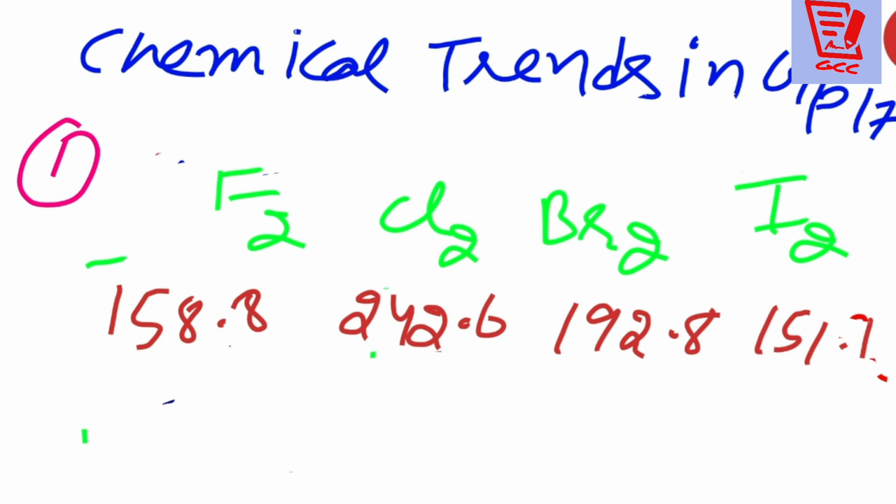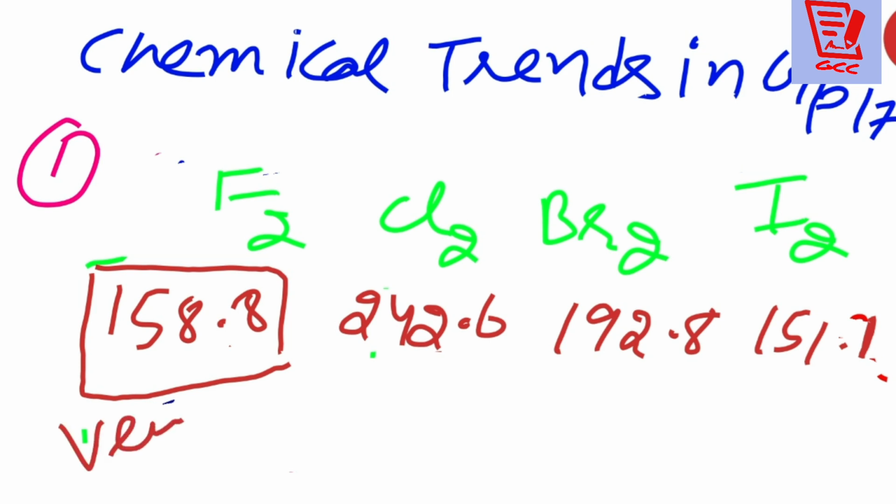151.1. Clear? Now if you see, this fluorine has a very low bond dissociation enthalpy. You know why it's very low? It should be very high because it comes at the start, but it is very low. Why?